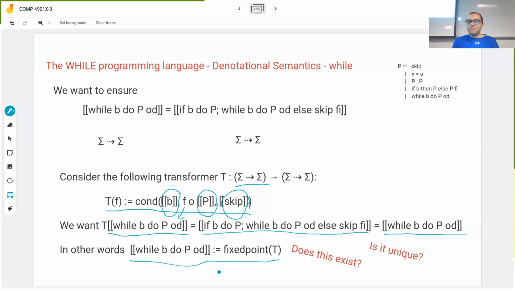So we have to solve these problems. Any ideas? Does it exist? Is it unique? How would you prove that such a weird fixed point actually exists?